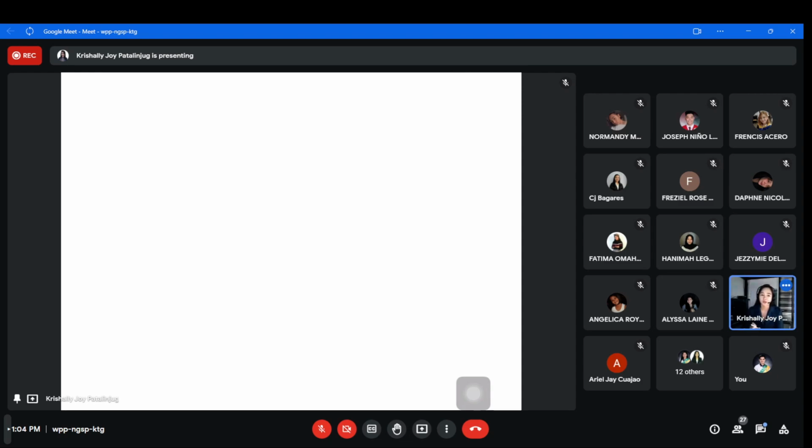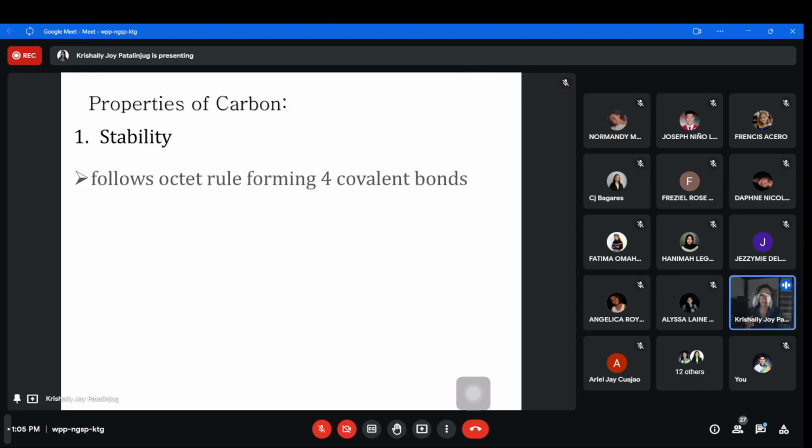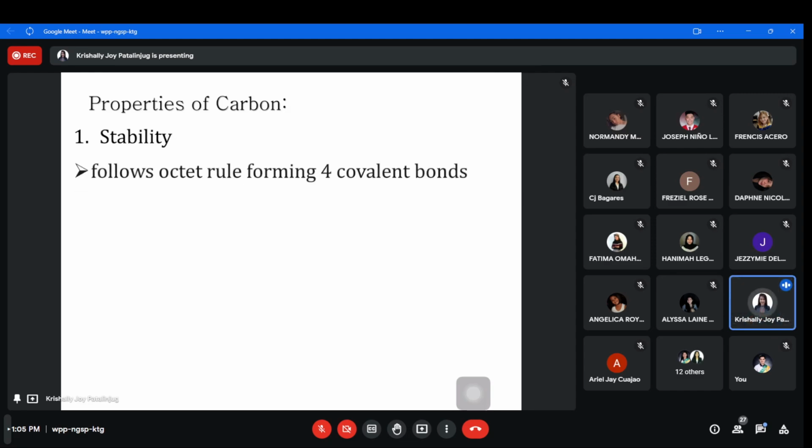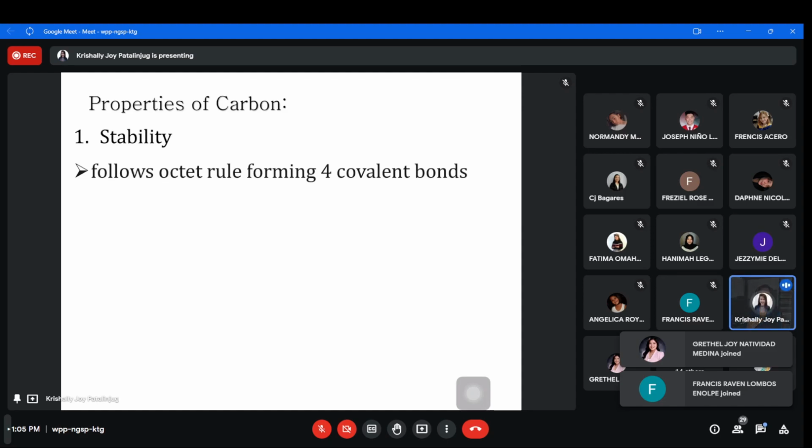Now there are already properties of the carbon atom that we have discussed in our previous discussions. For example, stability. We have mentioned that carbon as an atom is highly stable, and its stability is relative to the octet rule.